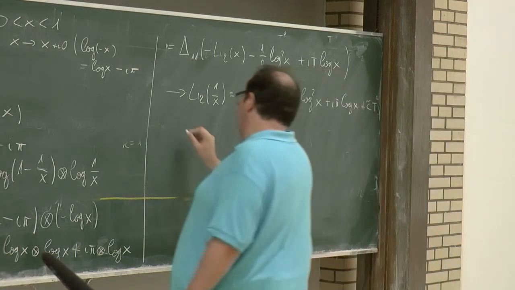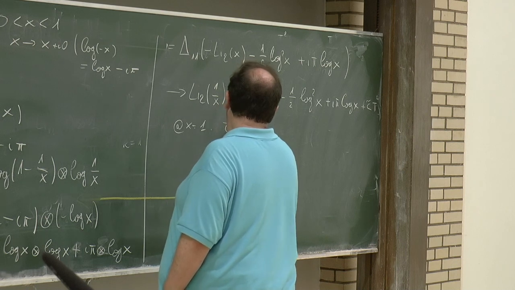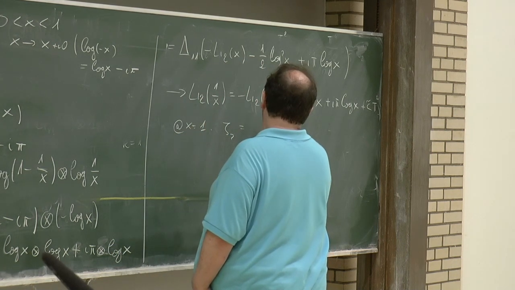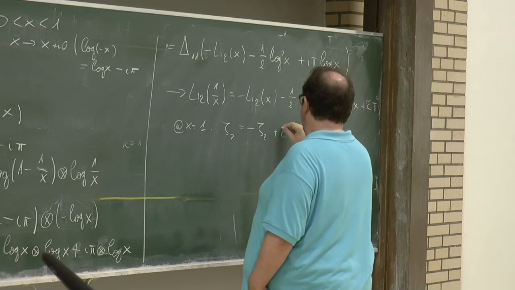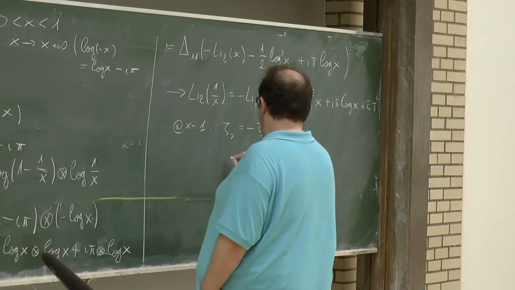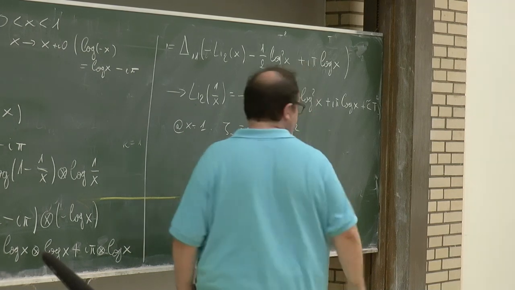Let's look at a special point at x equals 1. It gives me here V2 of 1, so zeta 2, equals minus V2 of 1, minus zeta 2. This is 0, this is 0, plus c tilde pi squared. And this implies that c tilde is 1 over 3.